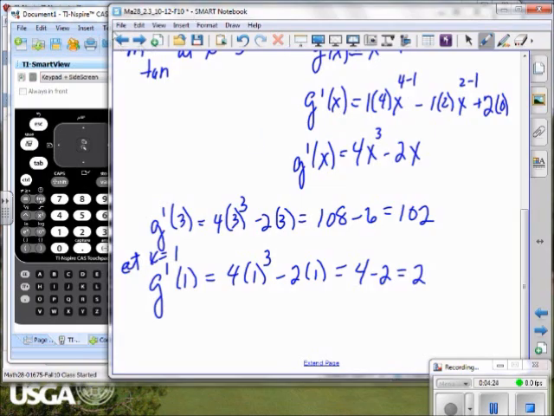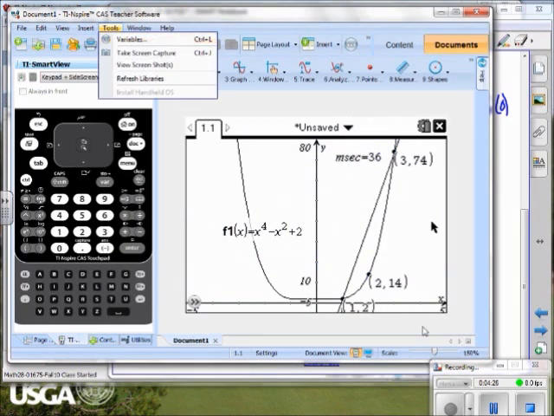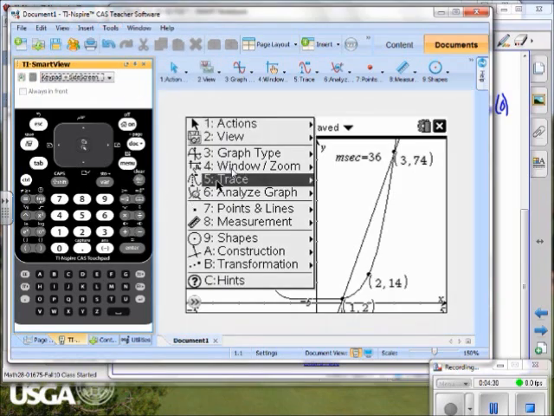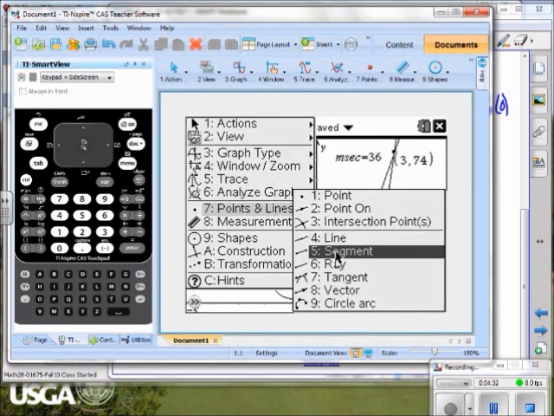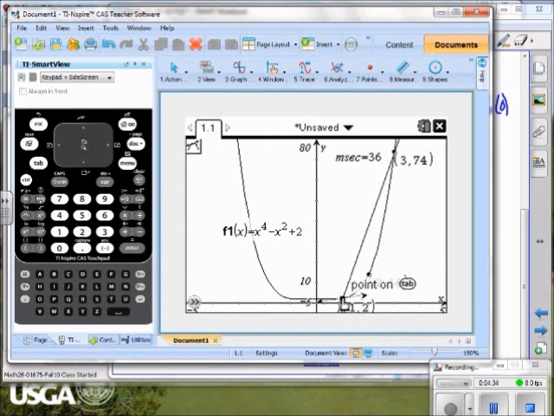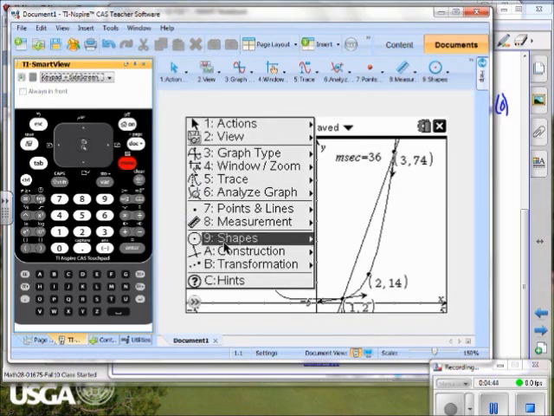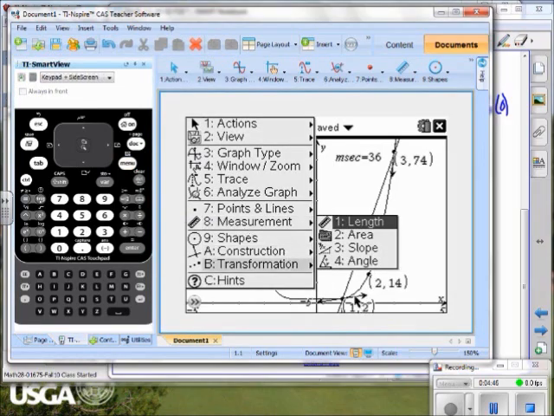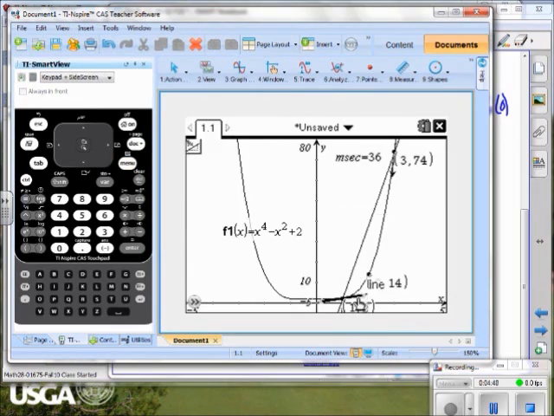Okay, now, graphically, what's that tell me? Well, let's see, I'm going to put a tangent here. I'm going to put a tangent here. If I look at the slope of the tangent, the slope of the tangent there is 2.